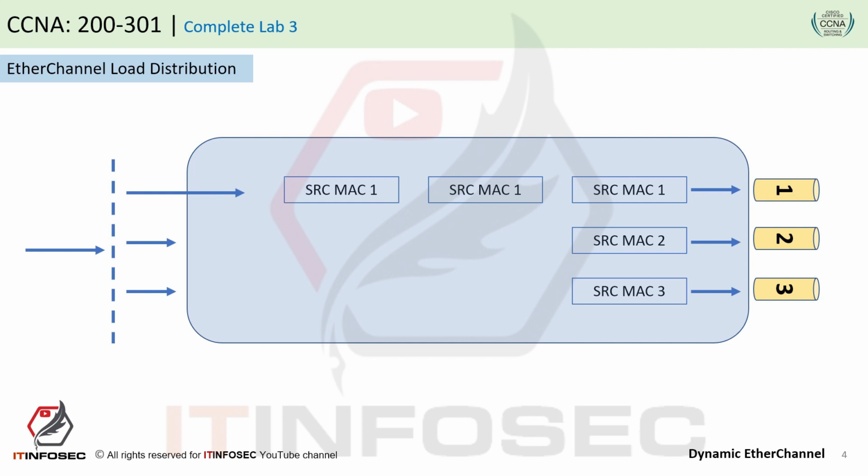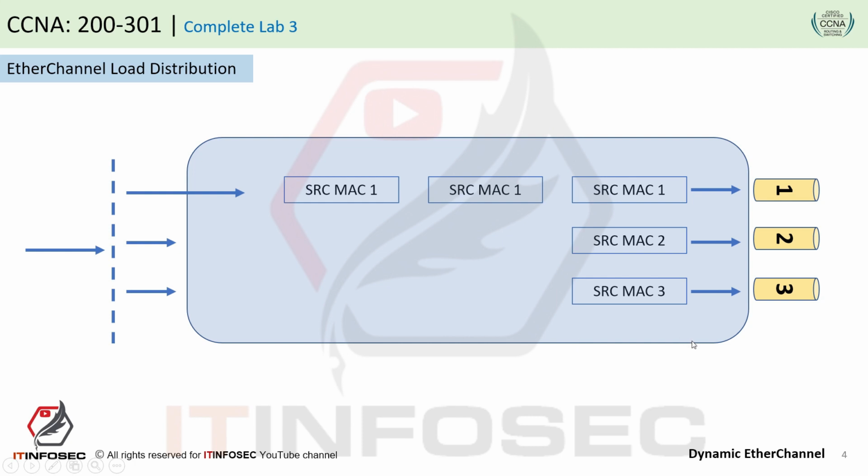Increased variety in the values of these fields enhances balancing effects and reduces the likelihood of uneven traffic distribution across links. By examining the diversity of values in network traffic fields, engineers can optimize load distribution for improved network performance and resilience.